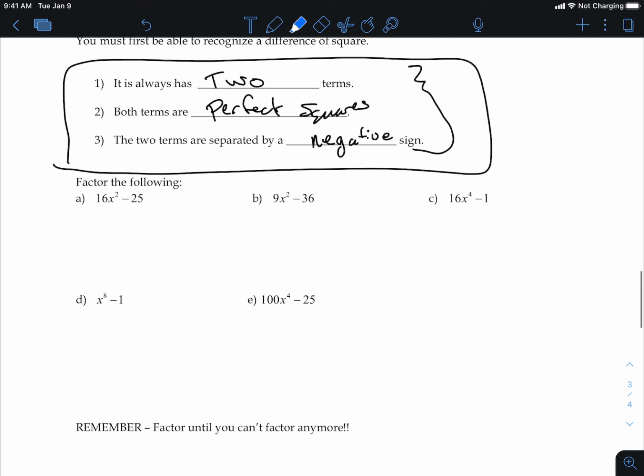So if we come down here, we're square rooting still because it's difference of squares. You can square root both of them. You're going to go 4x. This is no different than the last one, this part anyway. 4x and 5. You're going to write that twice. But here's the difference this time: one has to be negative, one has to be positive.